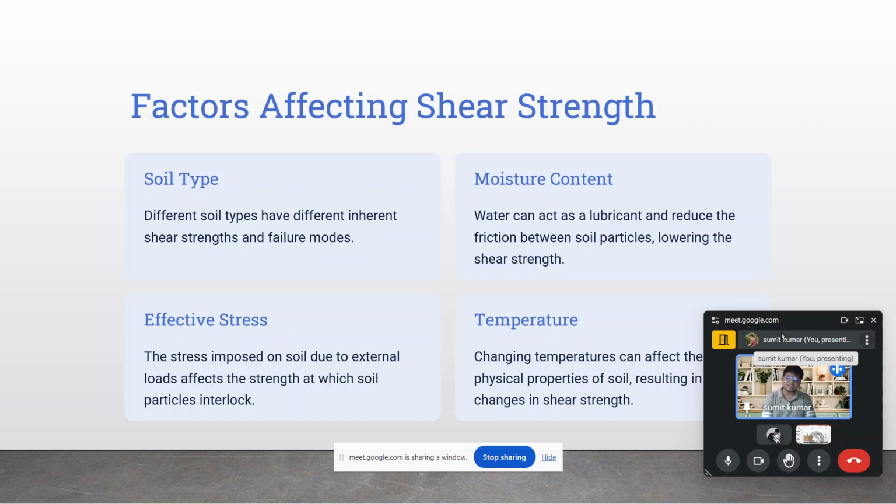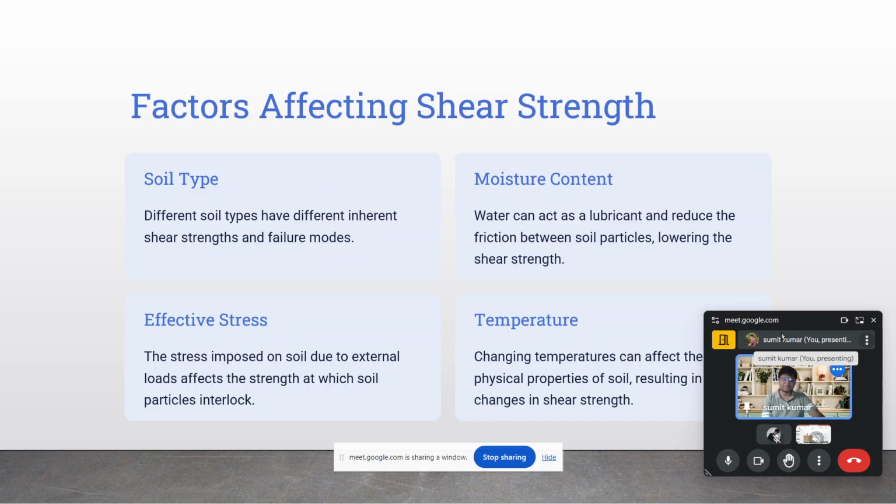In that manner we are able to find the effective stress. When we consider the effective parameters, we also say c and phi, and c dash and phi dash. c dash phi dash is the effective shear strength parameter, while c phi is the total stress parameter.